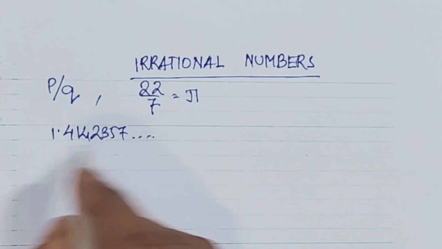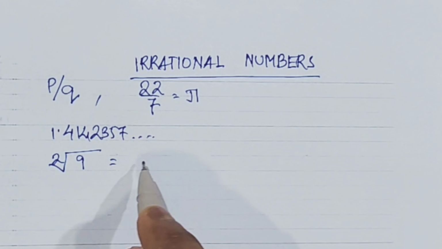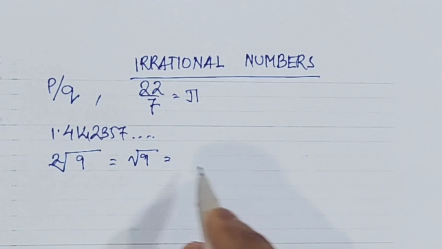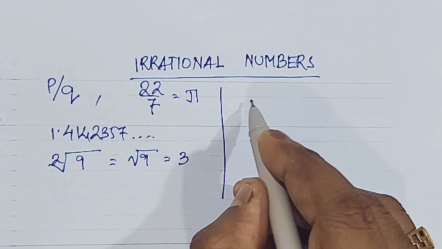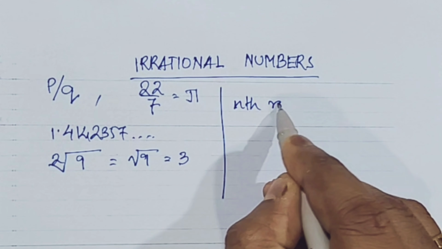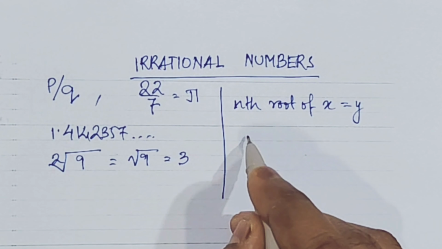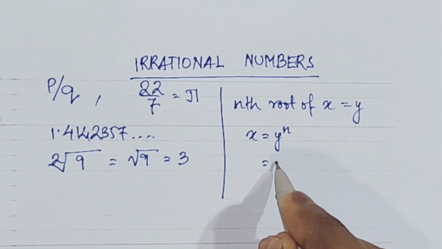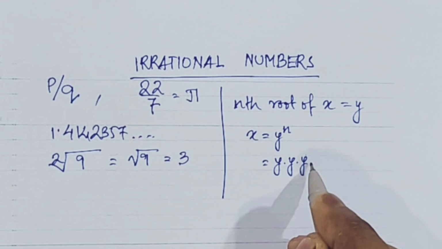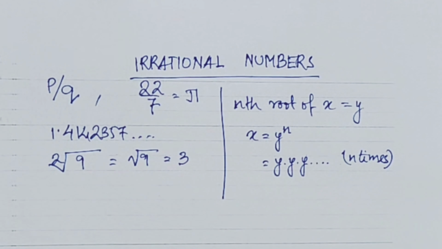So let's say we are going to find the second root of 9. The second root of 9 is basically written as the square root of 9, which is 3. Now when I said nth root, if I say that the nth root of x is y, that means x is equal to y to the power n, or y being multiplied onto itself a total of n times.